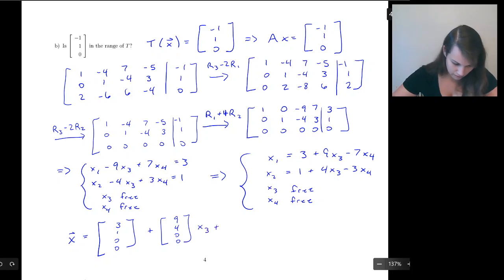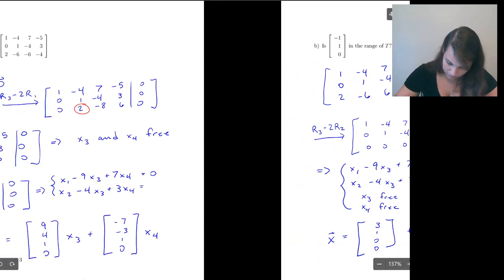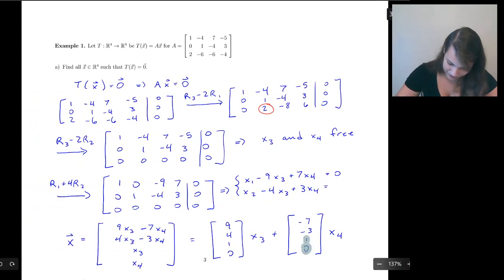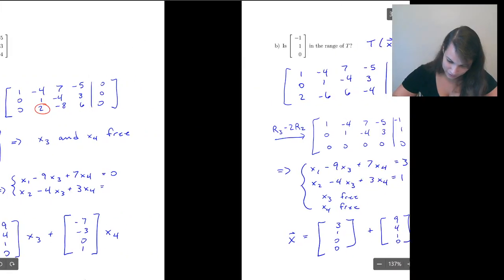And then plus, this is a 1, maybe, negative 7, negative 3, 0, 1, x4. And I'm checking, I did that wrong on this slide. There we go.